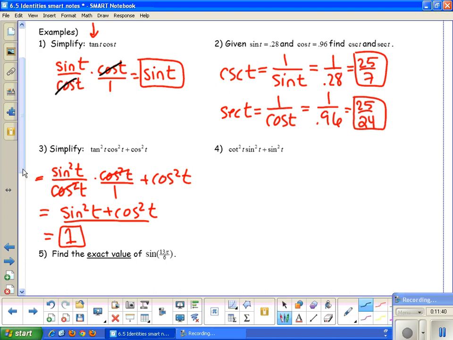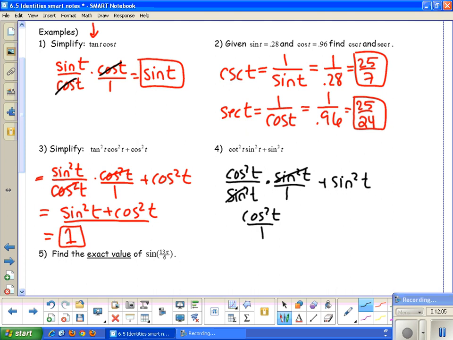For number 4, same thing, except now I have cotangent times sine plus sine. So this would be cosine squared t over sine squared t, that's just my quotient identity, times the sine squared t, and that's really over 1, plus the sine squared t. This cancels out to leave me with cosine squared t over 1.